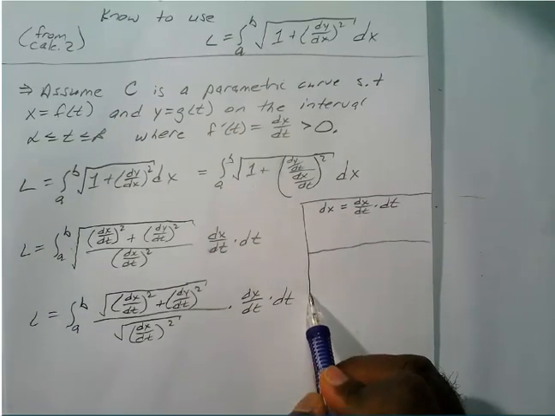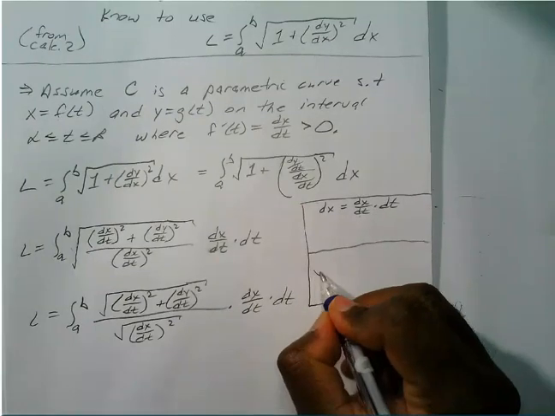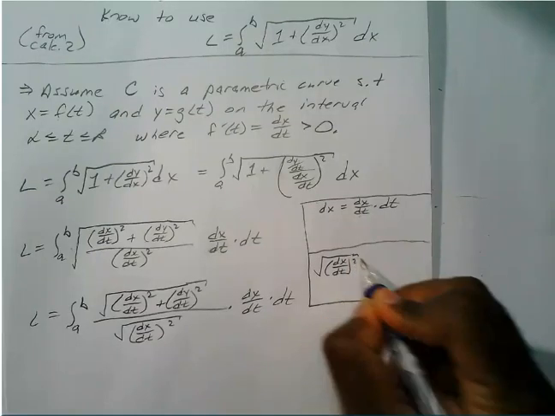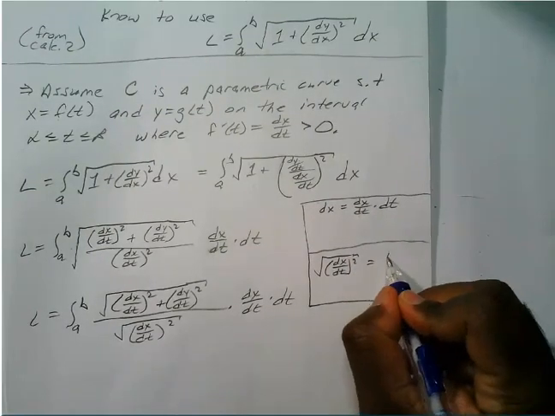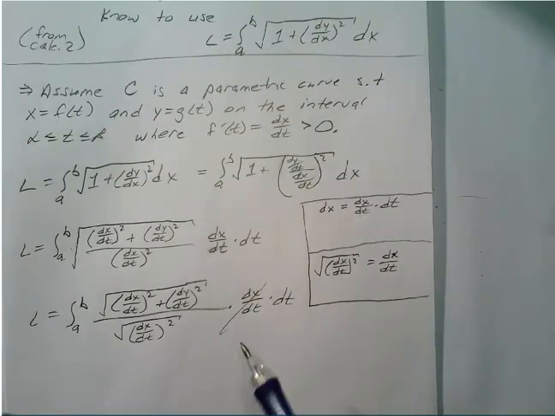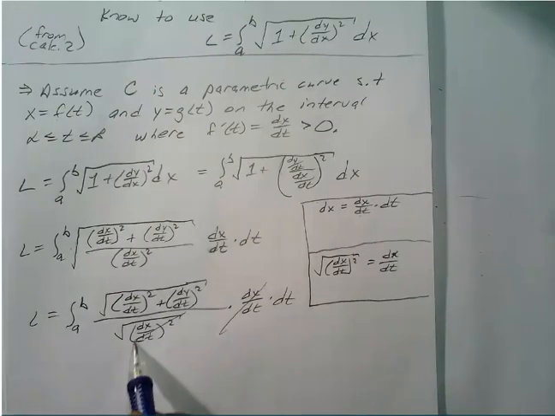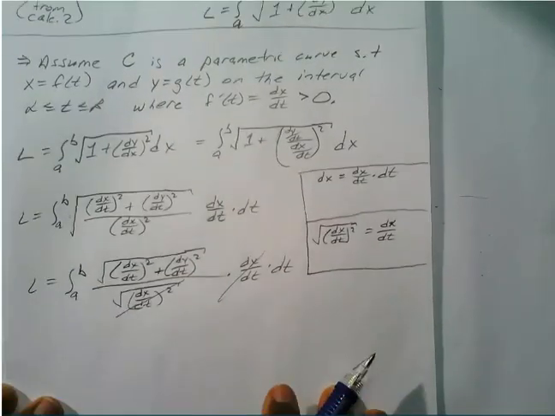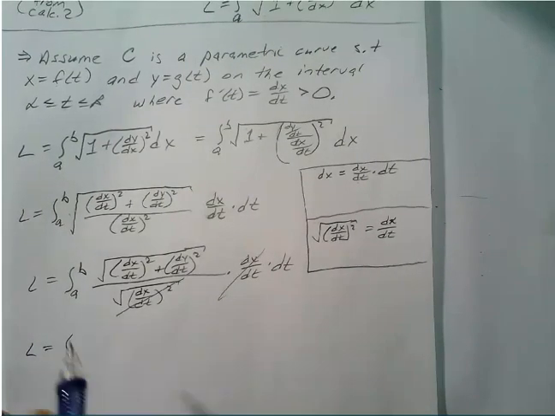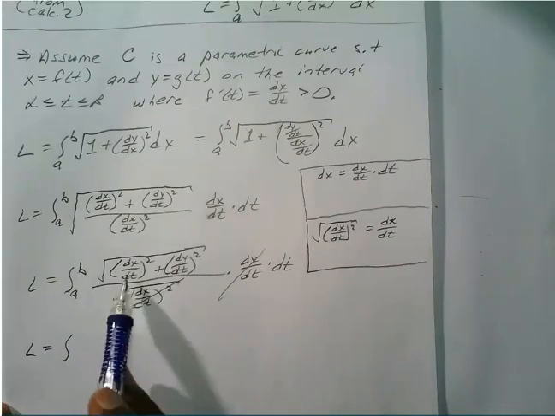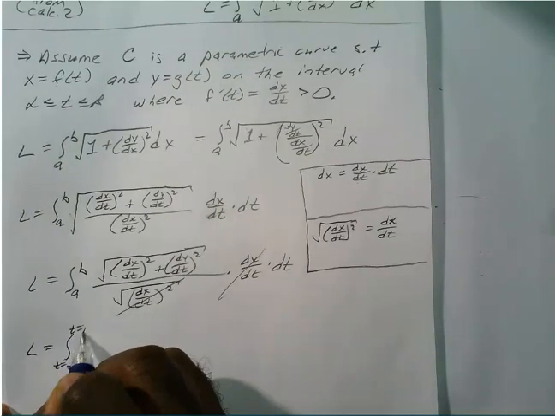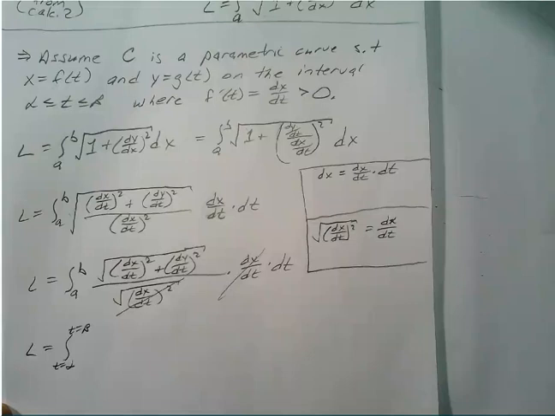Now, one thing you want to notice is that the square root of dx dt squared, the square and the square root cancel out, so that's just dx dt. So this dx dt and this dx dt cancel each other out. So you're left with your length, and since we're no longer a function of x, we're a function of t, we're going from t equals alpha to beta. You don't have to put the t equals, but it helps.